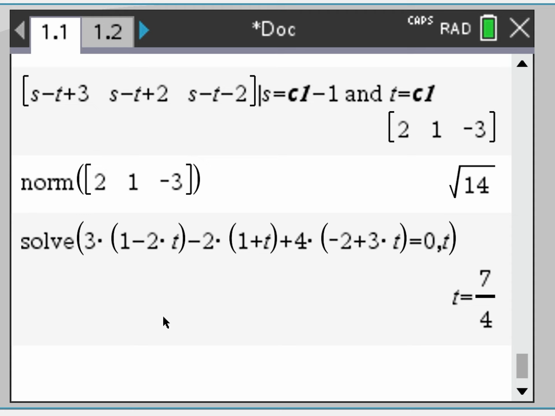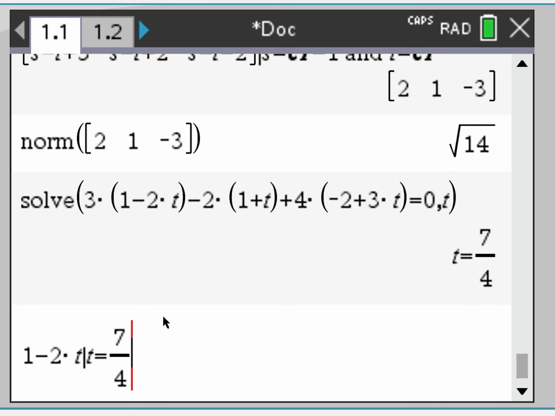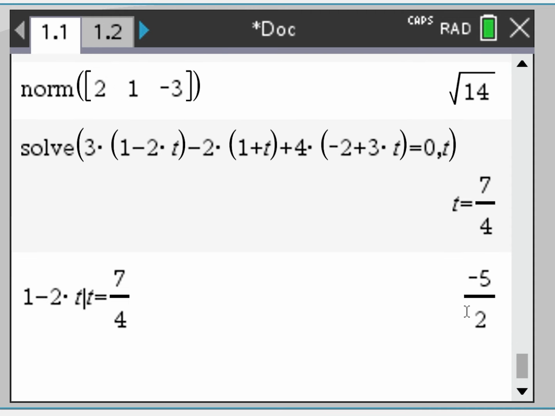And now, if I substitute that back in to 1 minus 2t, so 2 times t, and substitute that in, so minus 5 on 2. Okay, this is meant to be the initial coordinate, but it doesn't match anything. So our t value is possibly wrong. Let me see what I've done wrong here.